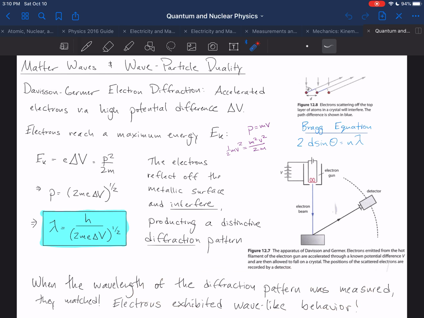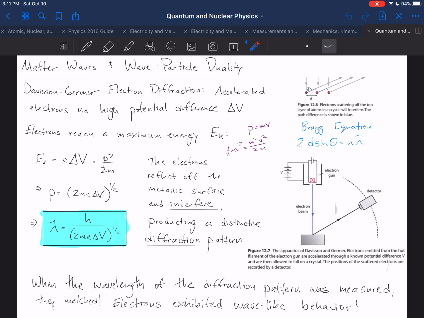This is an example of electrons exhibiting straight up wave-like behavior. And as it turns out, although this wasn't done immediately, if you do the experiment 1 electron at a time, you will still get that same pattern. And this is really, really crazy. Obvious wave pattern, obvious diffraction pattern, which we'll see in a second.